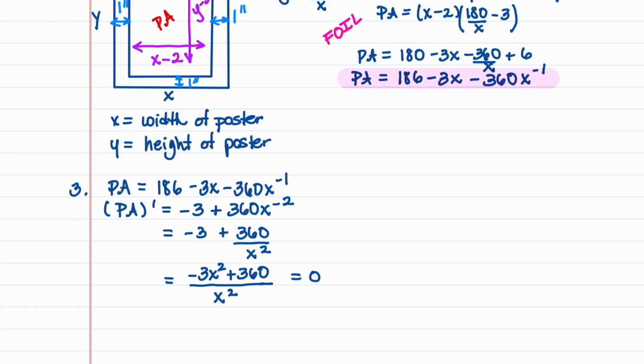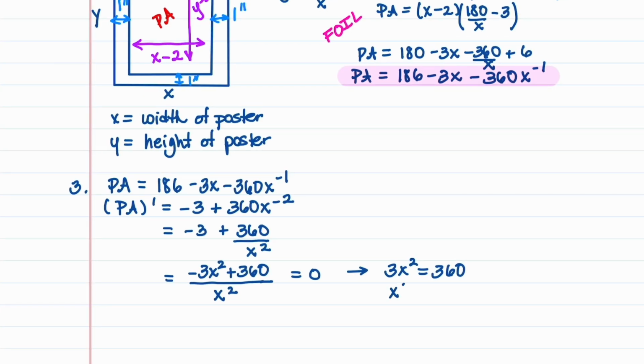Notice that we could have a critical value at 0 because our denominator is equal to 0 when x is 0, but our function isn't defined at 0, so we don't have to worry about that. We just have to worry about the numerator being equal to 0. This gives us 3x squared is equal to 360.